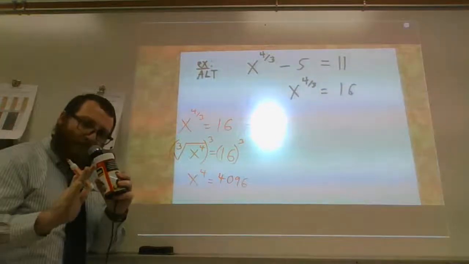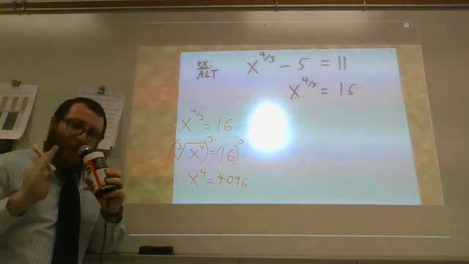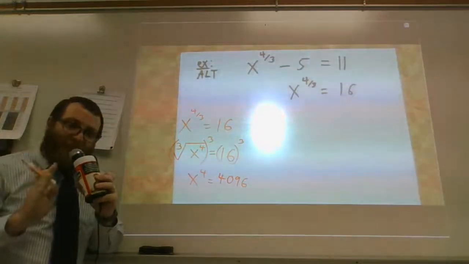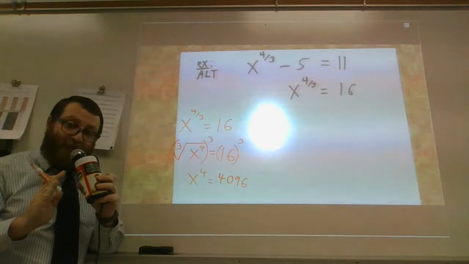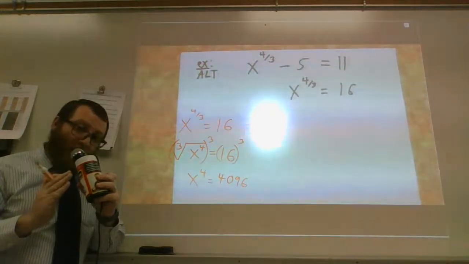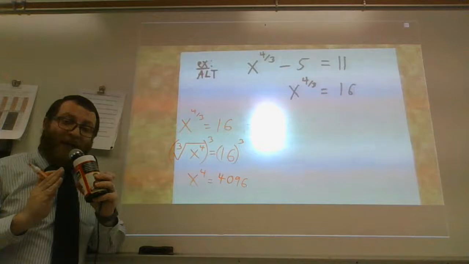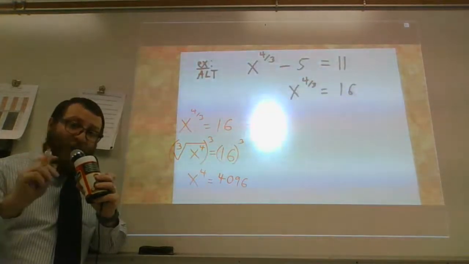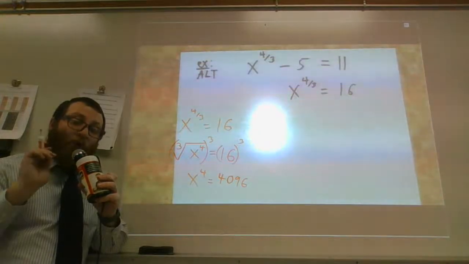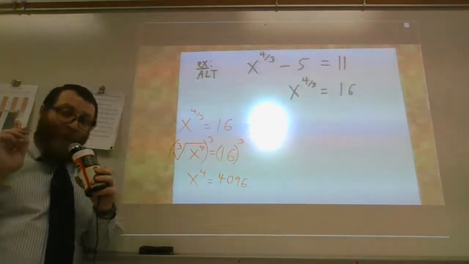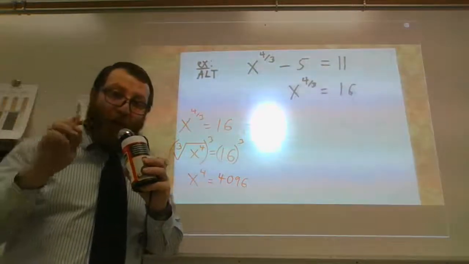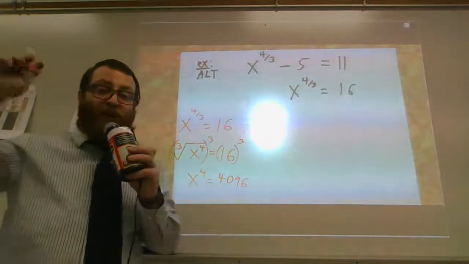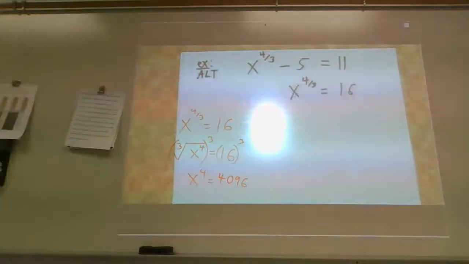But here's the key. What I'm about to show you is the important part. The only thing preventing you from getting this x by itself is that fourth power. How does one get rid of a fourth power? You have to introduce a fourth root. And when you introduce that fourth root, that goes back to the starred statement I made earlier.